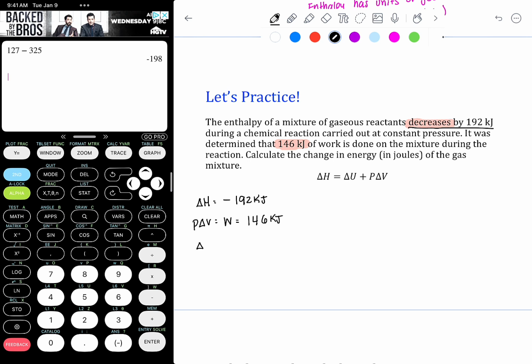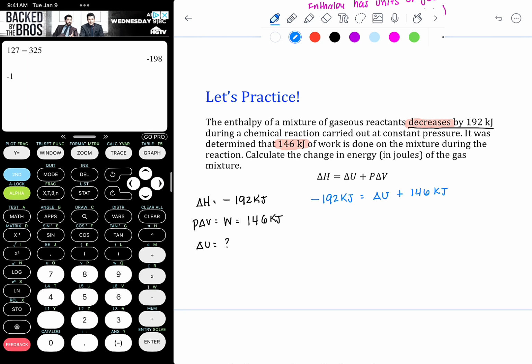And finally, delta U is what we are looking for. So we just have to plug in our values because they are both currently in units of kilojoules, which is an acceptable unit for enthalpy and energies. So we are going to take that negative 192 kilojoules equals delta U, which we don't know, plus 146 kilojoules.